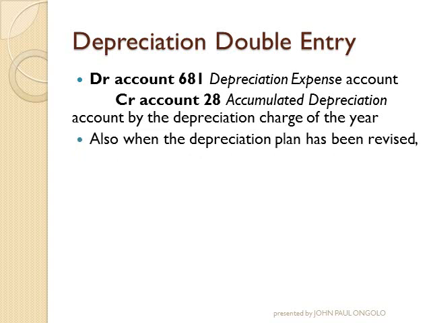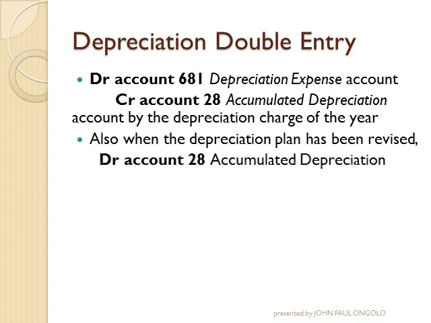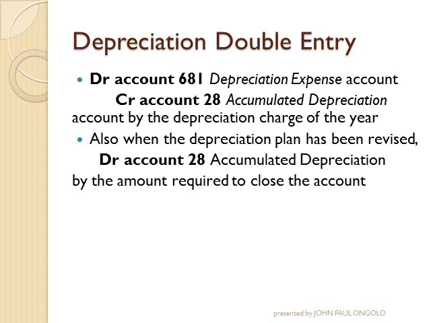But when you revise the depreciation plan, we are going to debit account 28 accumulated depreciation to close that account. This is because we have revised the depreciation plan, and hence we are going to put in place a new depreciation plan.